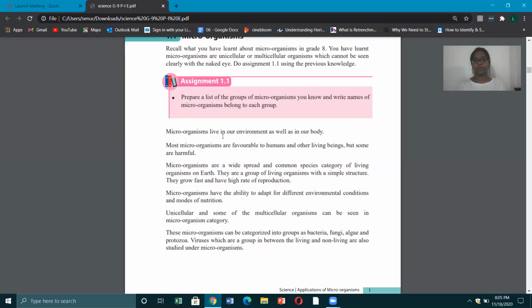Unicellular means they just have one cell. Multicellular means they have a lot of cells. So you can't define the term microorganism by using the terms unicellular and multicellular. Why? Because there are microorganisms who belong to the unicellular category as well as the multicellular category.